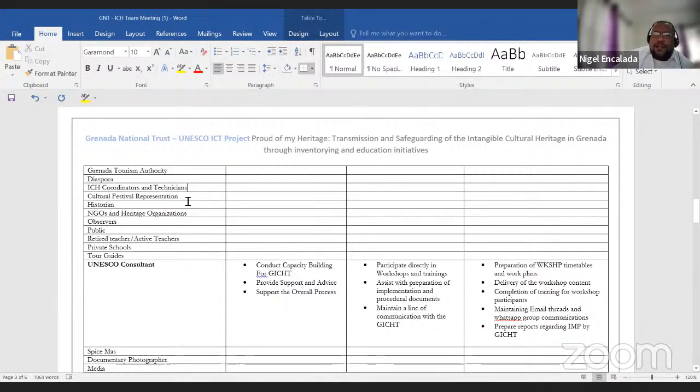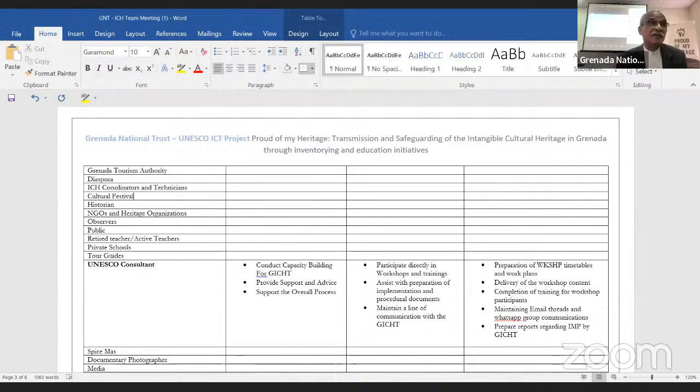So cultural festival representation, would this adequately represent Spice Mass, or do you want to put that separately? Well, Spice Mass might be the biggest one, but there are all those little ones like fishing boat and Fish Friday, the work boat regattas, so we actually need one from each event.